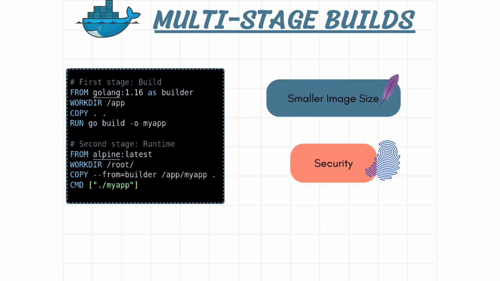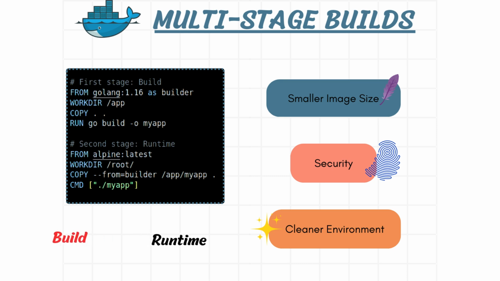Cleaner environment: the final runtime image contains only what's necessary to run the application, making it easier to manage and debug. In summary, multi-stage builds help us create cleaner, more efficient Docker images by separating the build and runtime environments. This ensures our final image contains only the essential components needed to run our application, leading to improved performance, security, and manageability.